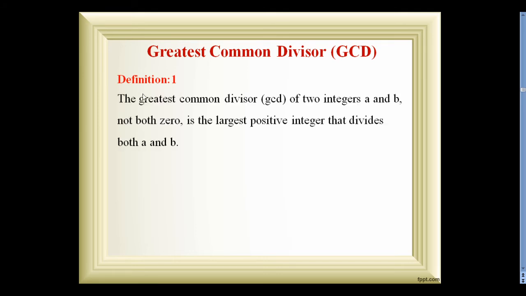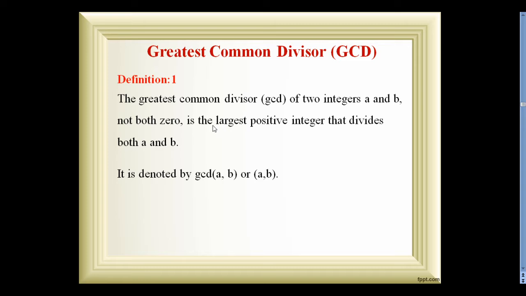Greatest common divisor, which we say in brackets GCD. Definition 1: the greatest common divisor GCD of two integers a and b, not both 0, is the largest positive integer that divides both a and b.